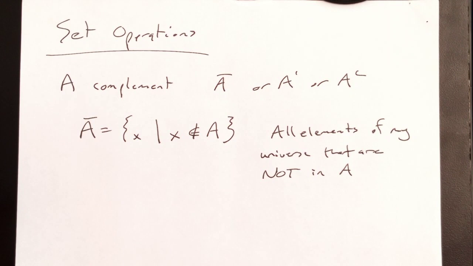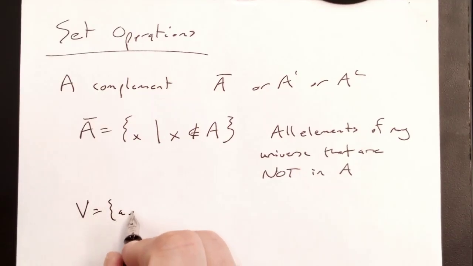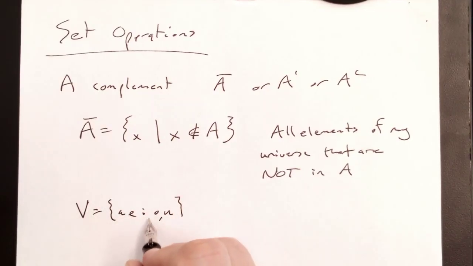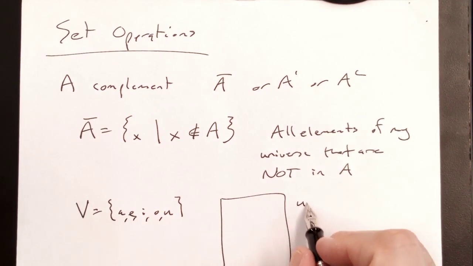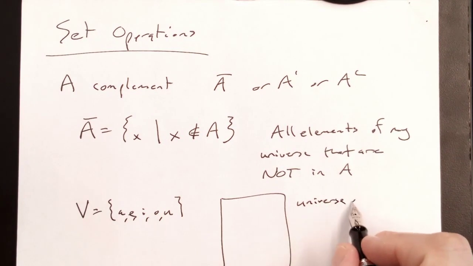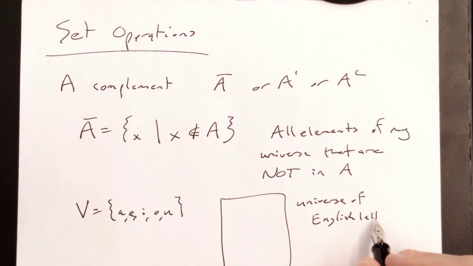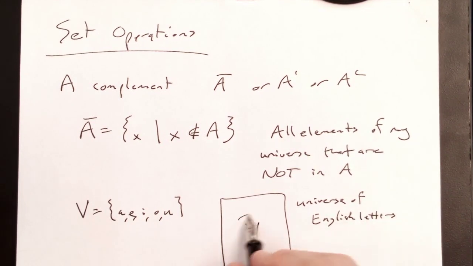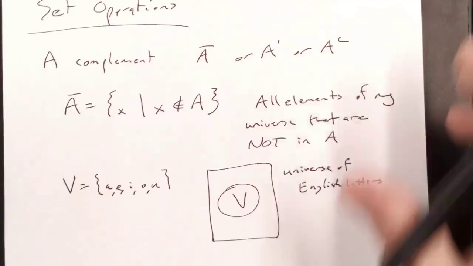Okay. We did English letters, didn't we? The set of letters in English. And then I had this set V of vowels. So V is a set in this universe, right?